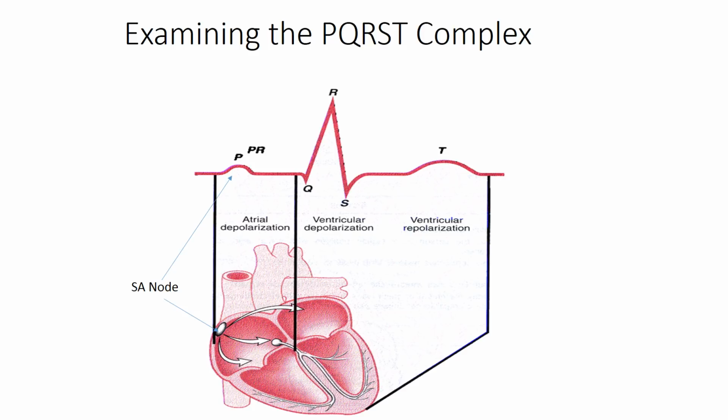And see how much bigger it is than our little P wave, our atrial depolarization? So remember, this is an amount of voltage. It's also happening fairly quickly. It's less than 0.12 seconds if you remember our intervals correctly. So this is a big electrical force, but it's also an efficient electrical force so that the ventricles can squeeze the blood out efficiently. And then last we have the ventricular repolarization period, that long, slow T wave.